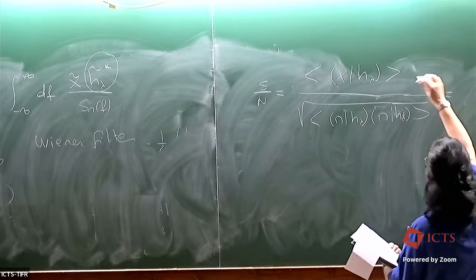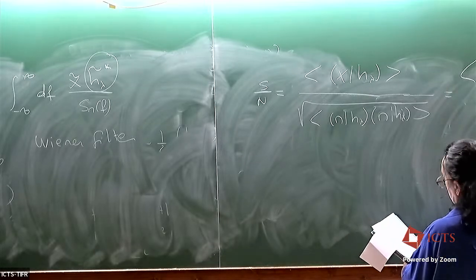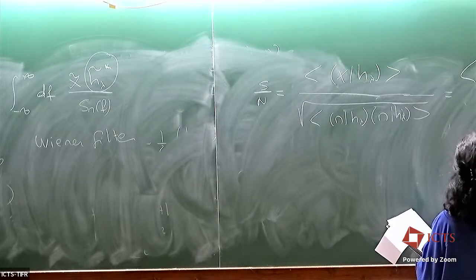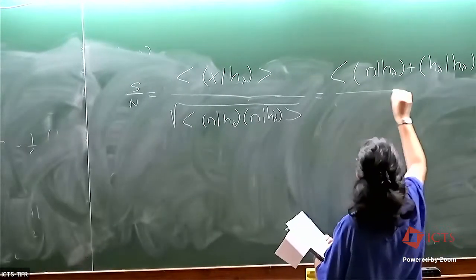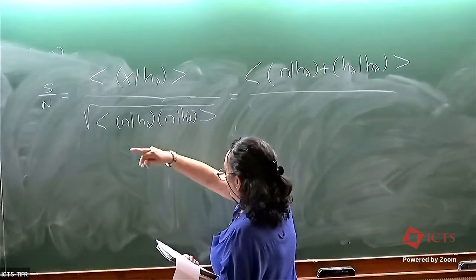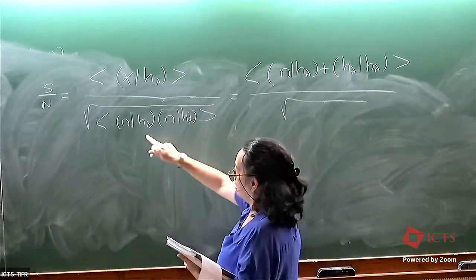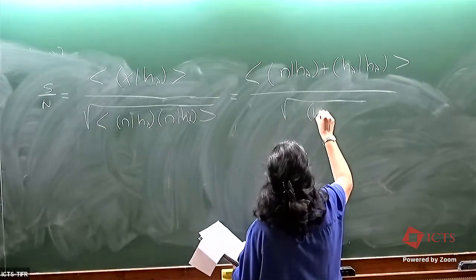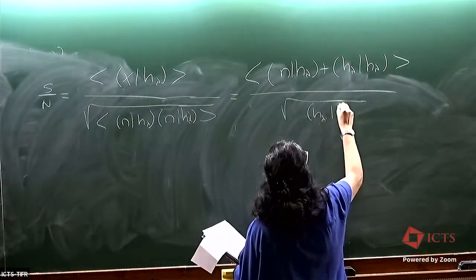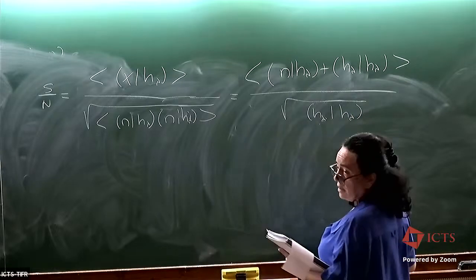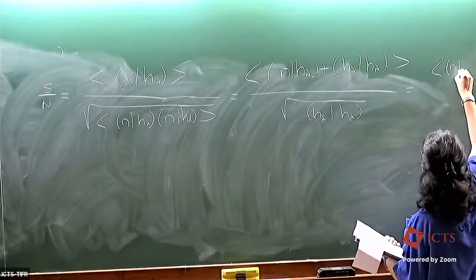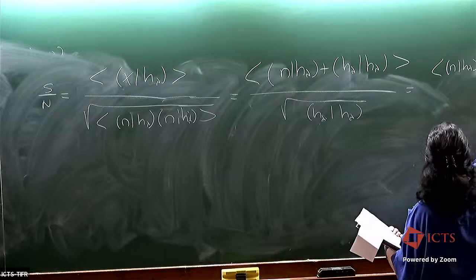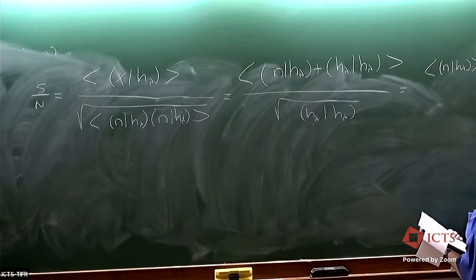Okay, so this is n h lambda plus h lambda, h lambda. And here I can apply the property that I introduced before. If this is zero mean, this is going to give me h lambda, h lambda. The numerator, I can write, is the mean of the noise plus the mean.